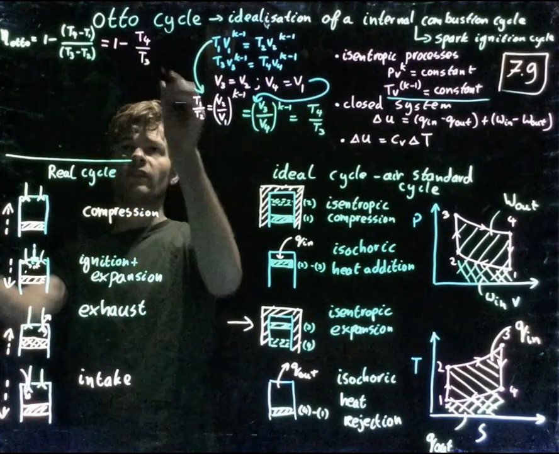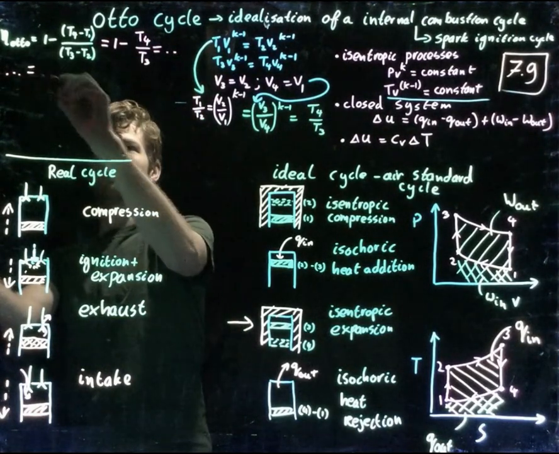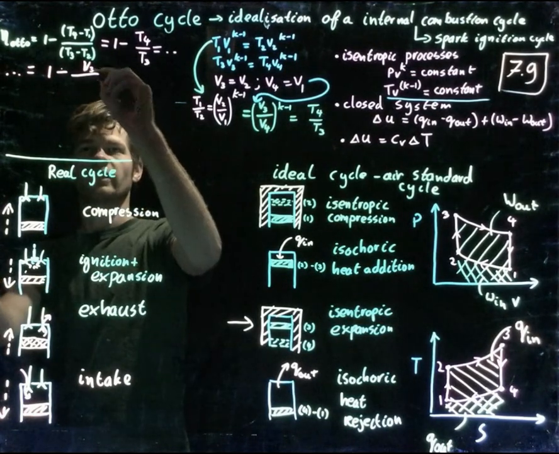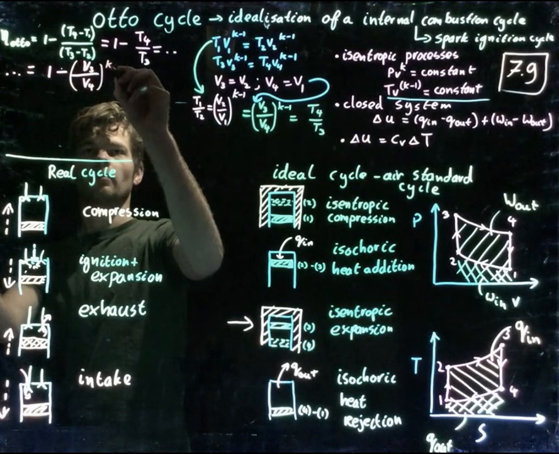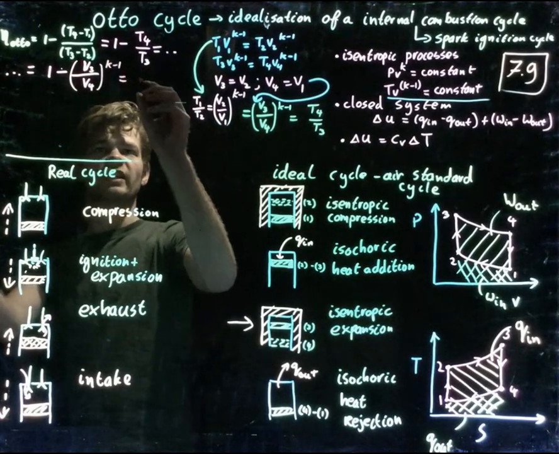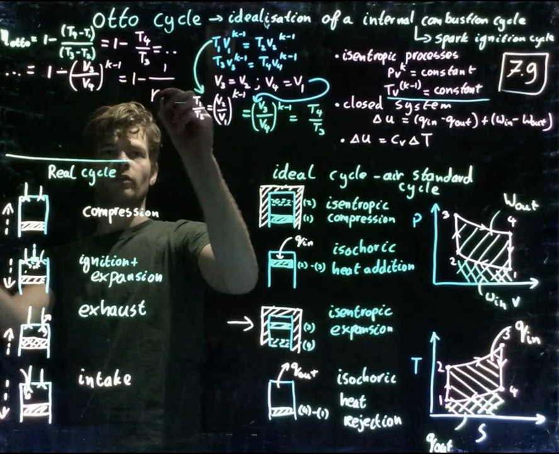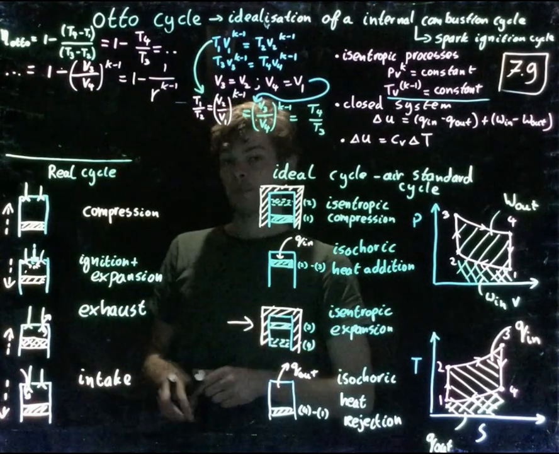You can check that for yourself, and this will all be equal to 1 minus V3 over V4 to the power k minus 1, and this is actually equal to 1 minus 1 over r to the power k minus 1. And this r is a really interesting parameter.